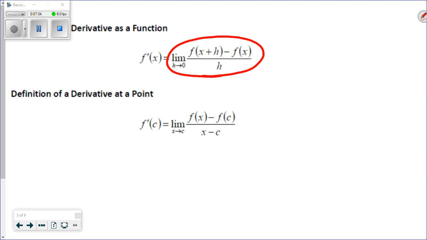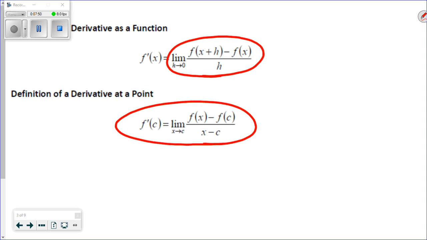Okay, now there is a slightly different form of the definition of the derivative, which is this: the limit as x approaches c of (f(x) - f(c))/(x - c).